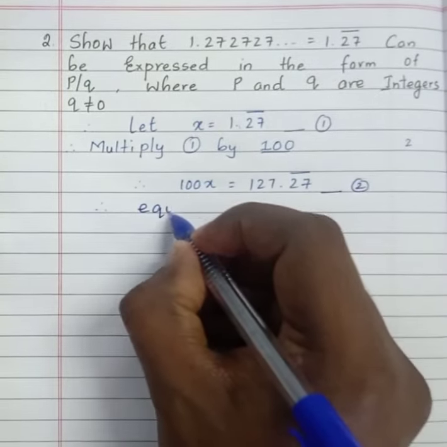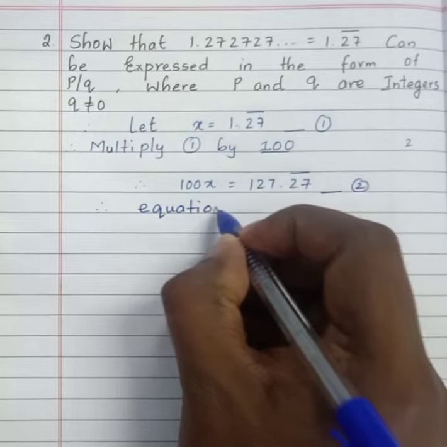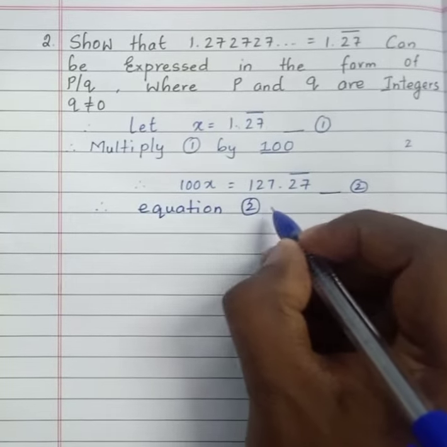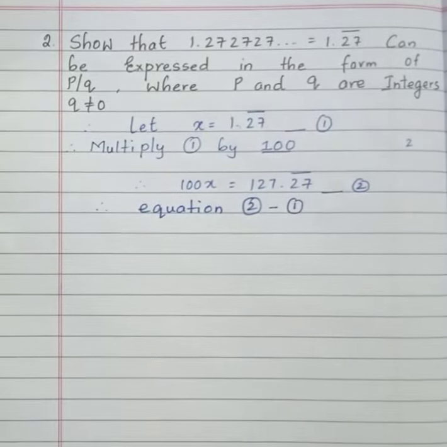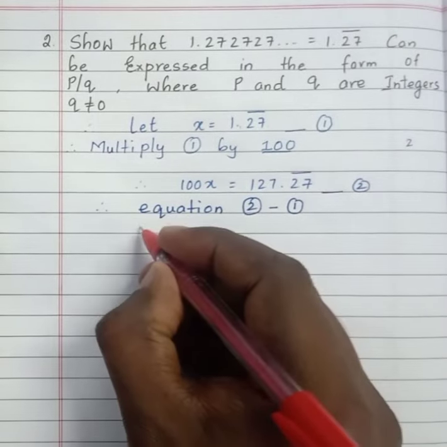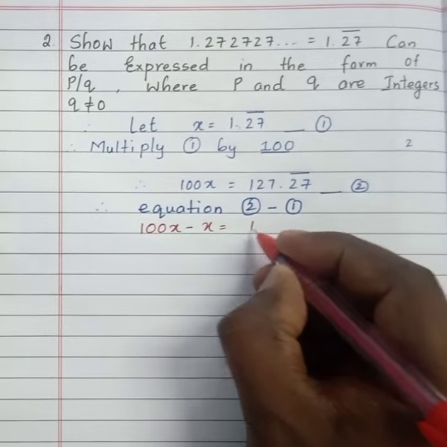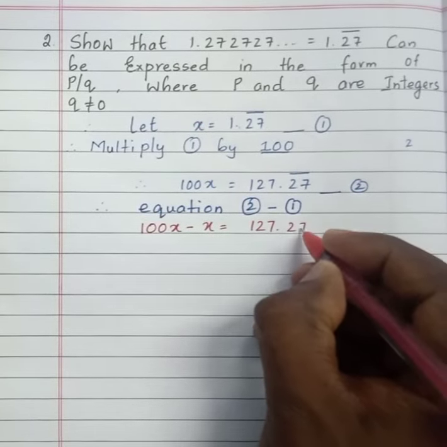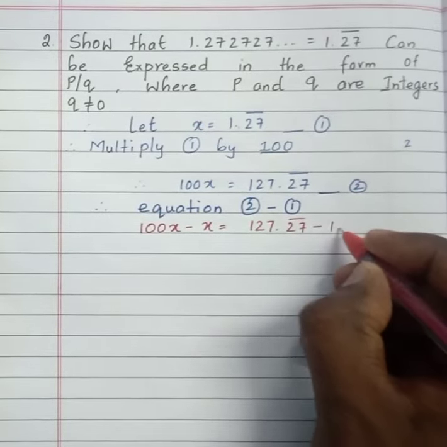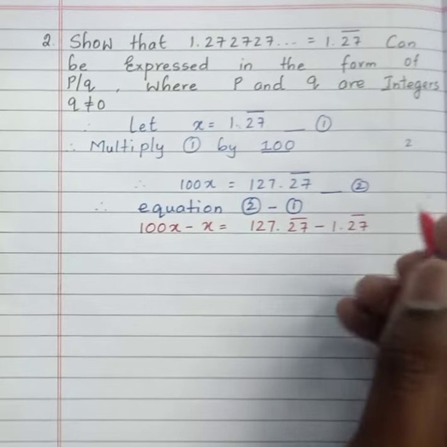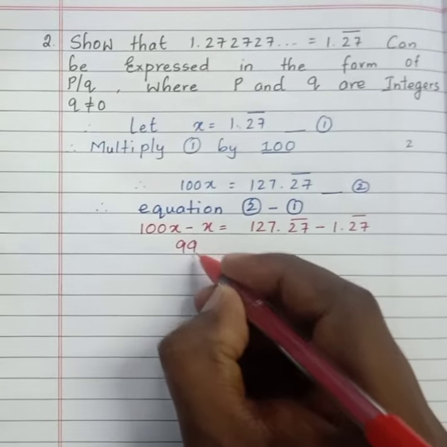Now, subtract equation 2 minus equation 1. Now, we get 100x minus x which is equal to 127.27 recurring minus 1. Now 100x minus x is 99x.